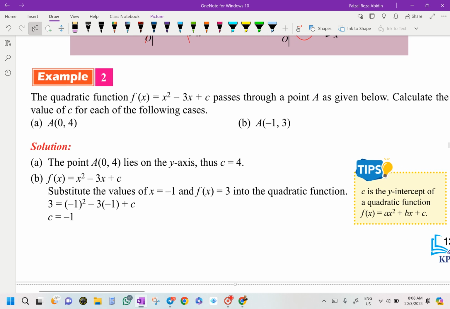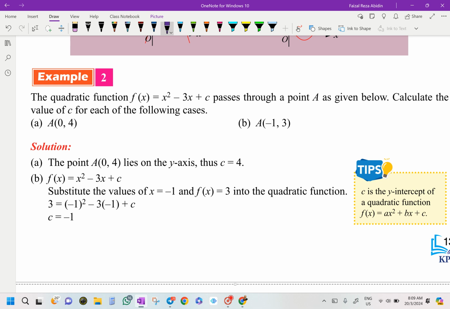Okay, cikgu, macam mana A tu solution? Terus kau tengok solution. The point A, 0, 4 lies on the y-axis. So C equals to 4. Faham tak? Cakaplah tak faham, tak marah. Betul ya dapat tu?